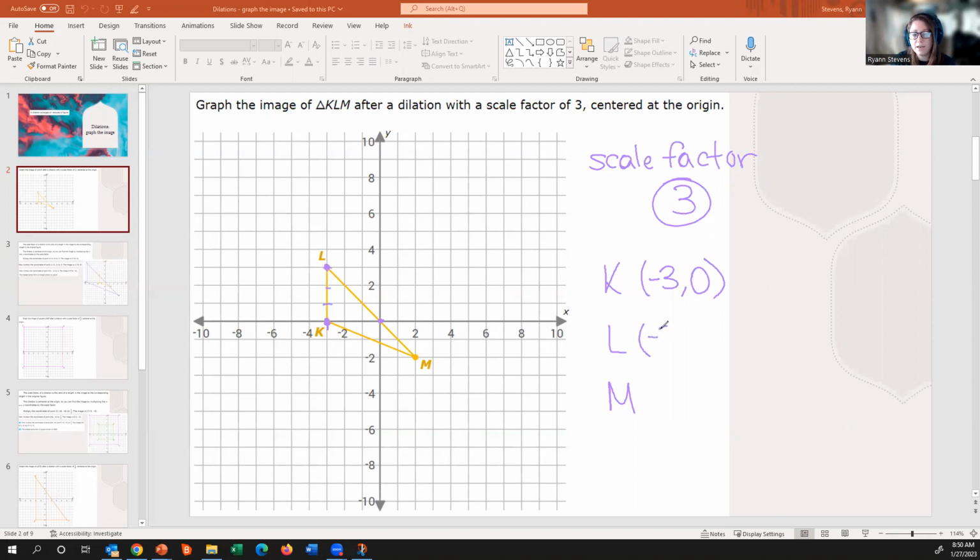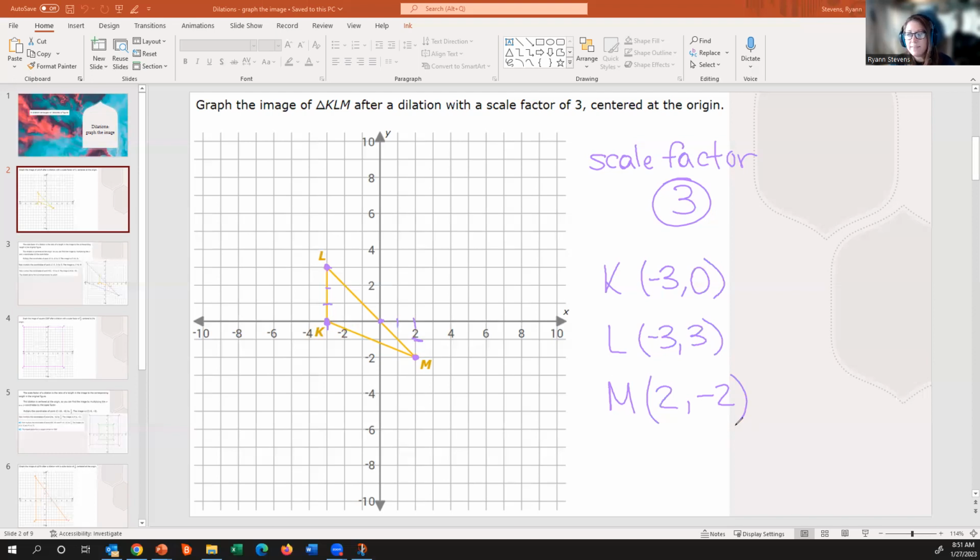So this is at -3 and then 3. And for M, instead of going left on the x-axis, we're going right, in the positive direction 2 places, and then down -2 places. So we have all of our ordered pairs, all of our coordinates, listed out now.